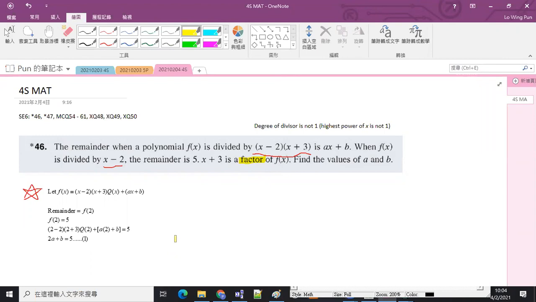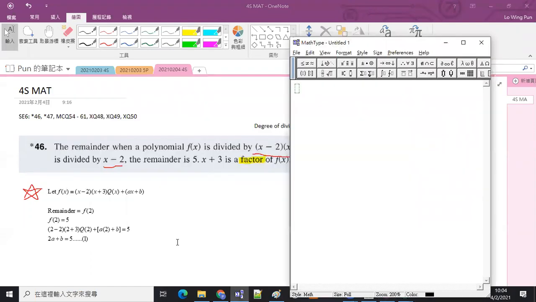It means the remainder equals 0 when f(x) is divided by x + 3. In this case, we will write f(-3) as the remainder. But because it is a factor, this remainder should be equal to 0. But do we have a formula to calculate f(-3)? Yes, we have our f(x) formula.